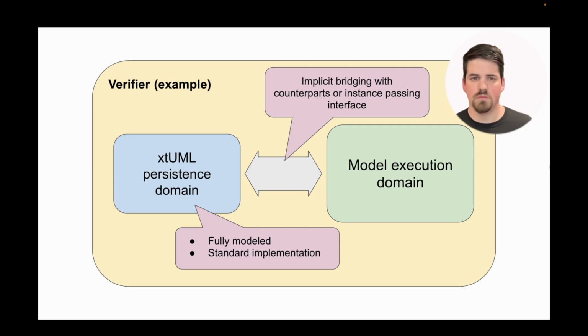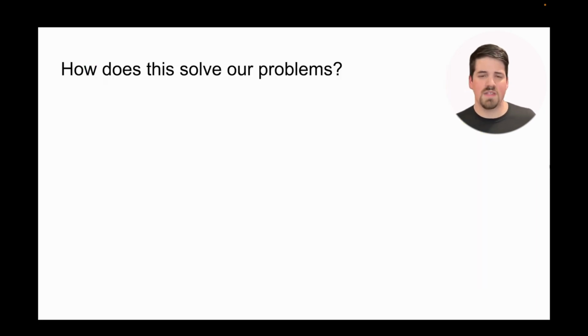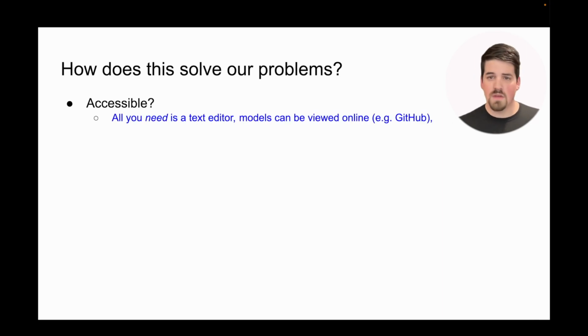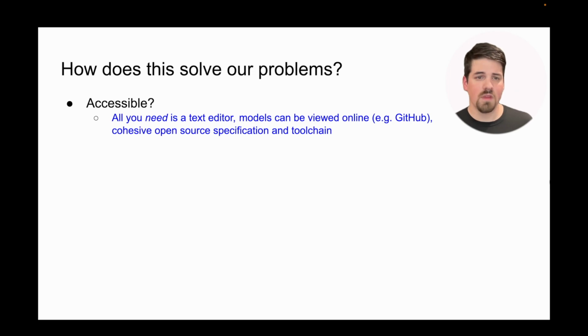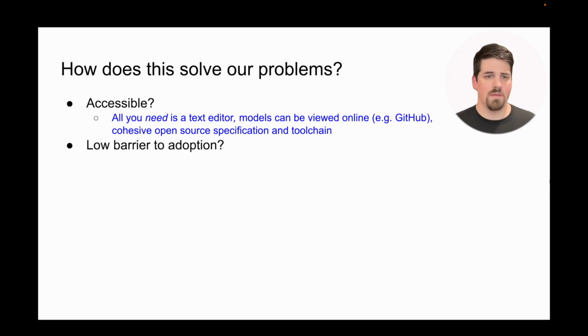So how does all of this solve our problems? Is it accessible? Yes. With a textual language, all you really need is a text editor. You can view the models online for code reviews in GitHub or other tools. You don't need to fire up BridgePoint to navigate your models. There's a cohesive open source specification and this toolchain ecosystem we've been describing.